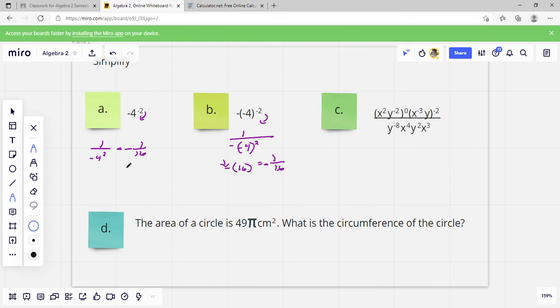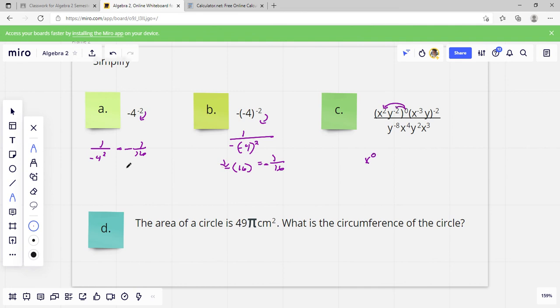Okay, next one. We're going to go through these really, really carefully. Alright, so first I've got to, is that to the 0? Double check my problem, make sure I wrote that down right. Yep. Okay, so if I distribute this out and I say 0 times 2, that's going to be 0. So that's x to the 0.